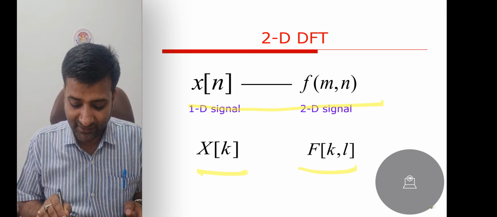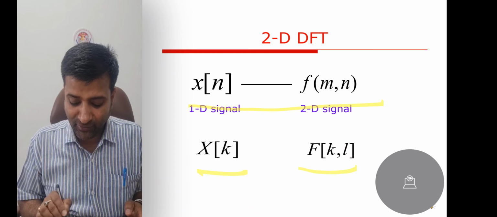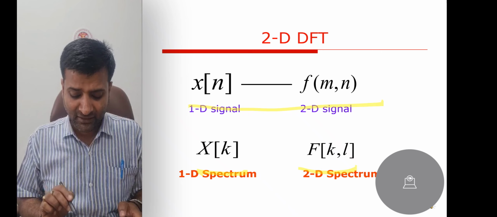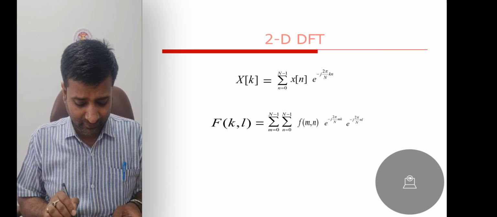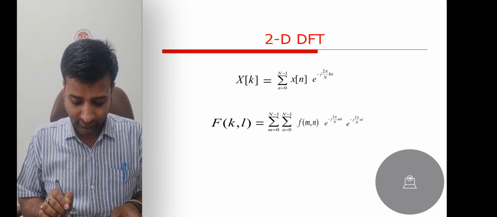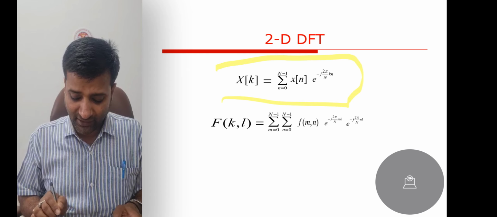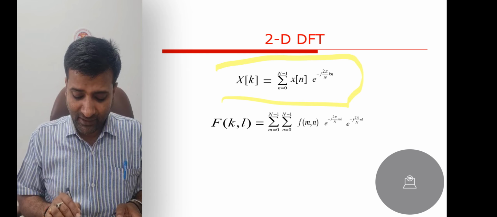Here X(k) is the one-dimensional Fourier transform and this is the two-dimensional Fourier transform representation.